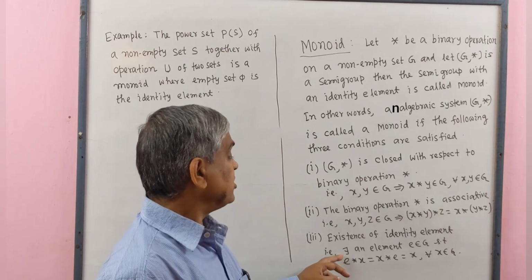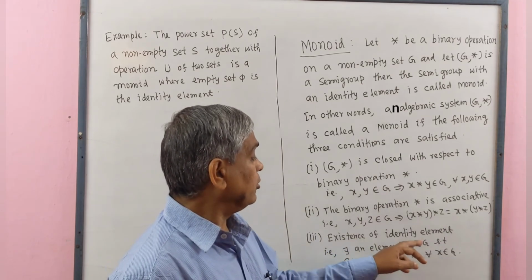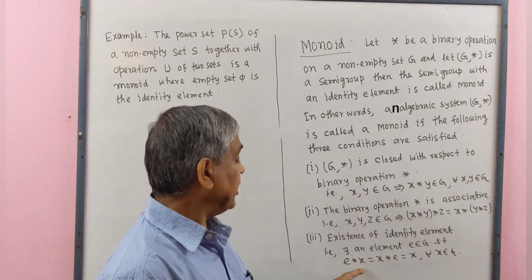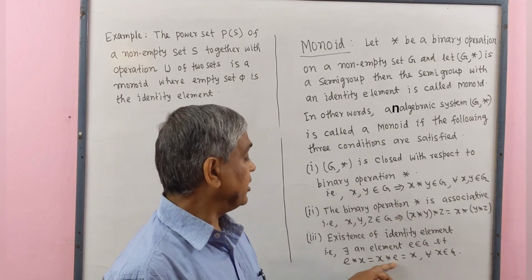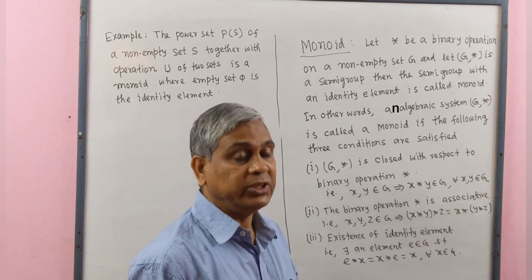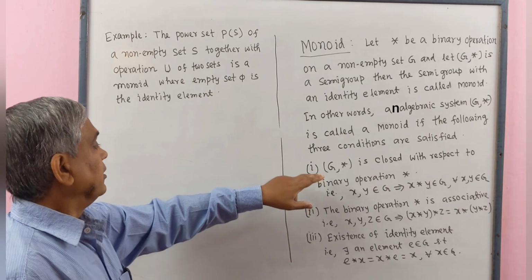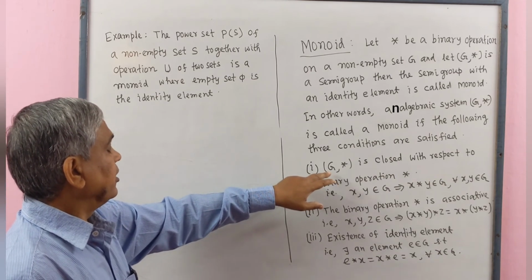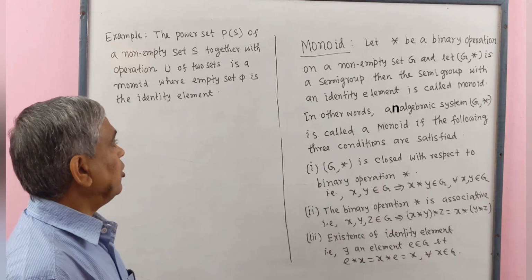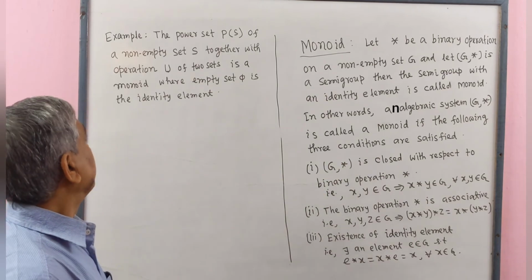That is, there exists an element E belong to G such that E operation x equal to x operation E equal to x for all x belong to G. Then the algebraic structure G with binary operation star is called monoid.